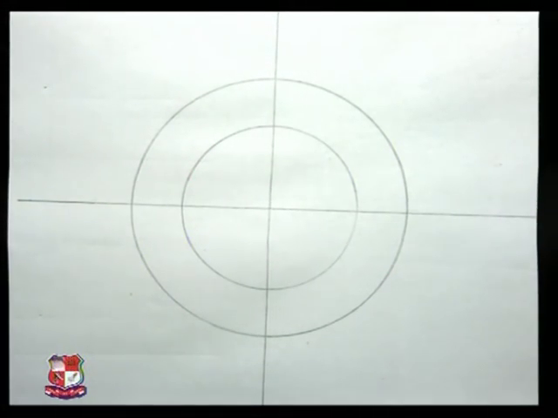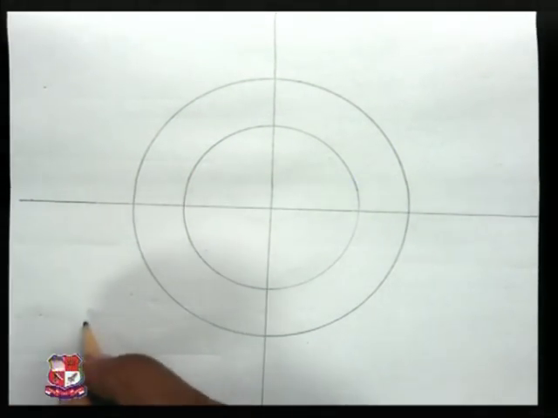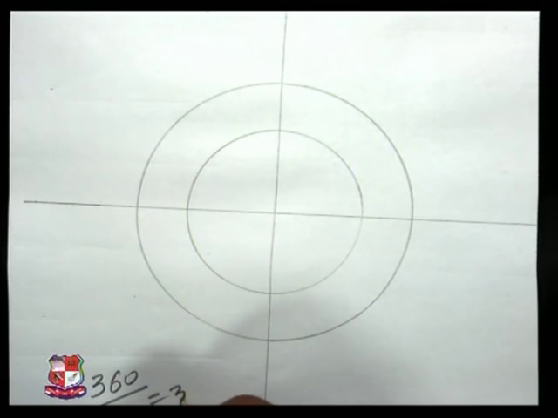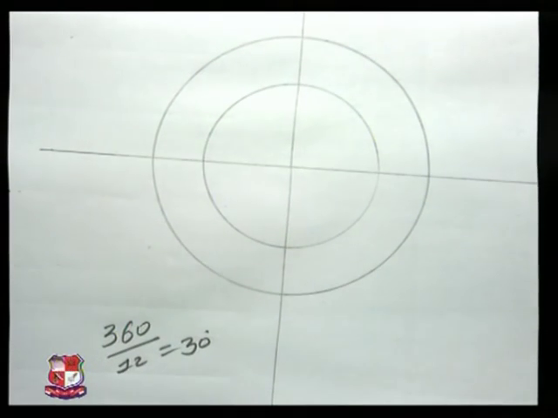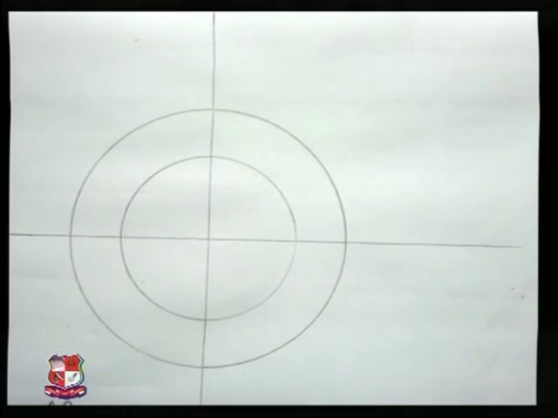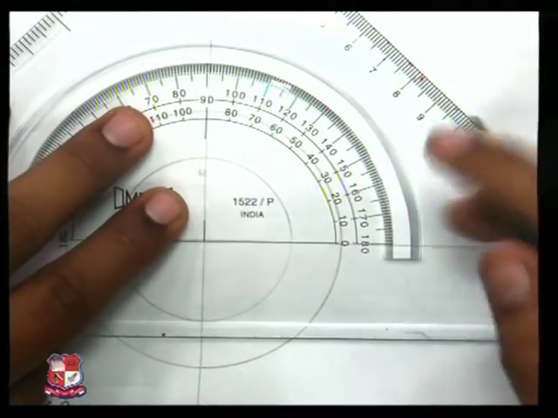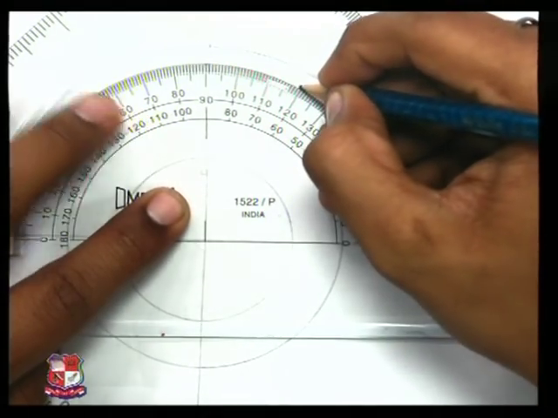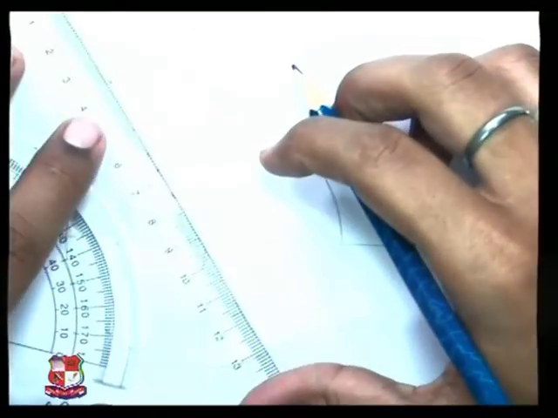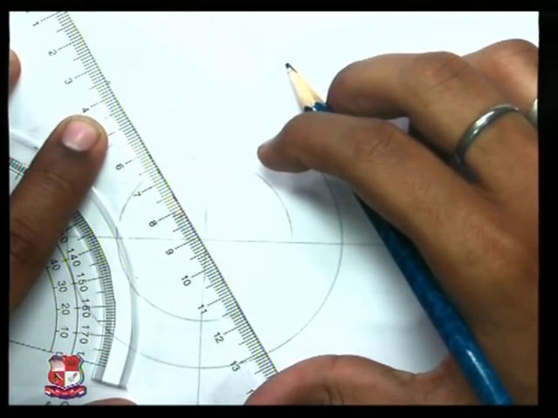Now divide this circle into 12 equal parts, which means 360 divided by 12 is equal to 30 degrees. So all portions of 30 degrees. Take protractor like this, mark points, draw very light projection lines.